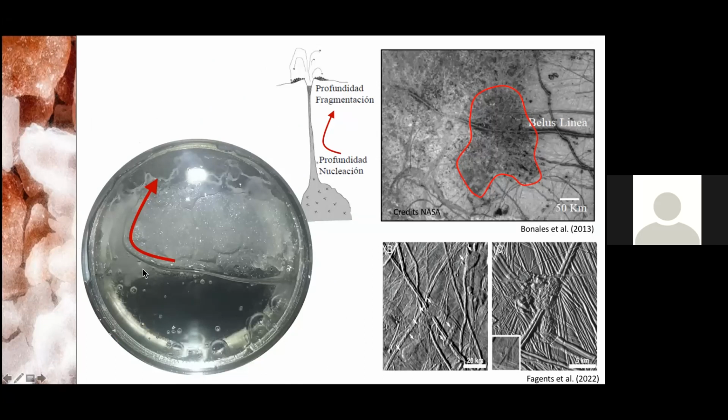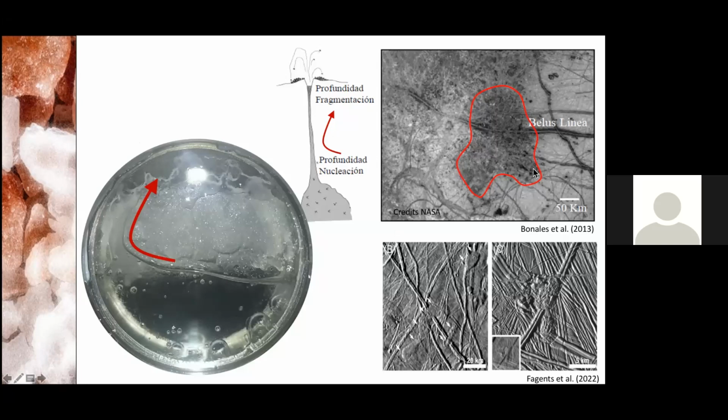From this experiment, we checked that cryovolcanism can occur in moons like Europa, more or less explosive, producing cryoclastic deposits or lava flows, depending on the volatile content and the depth at which the cryo magma and the ice crust fragment because of the bubble pressure.